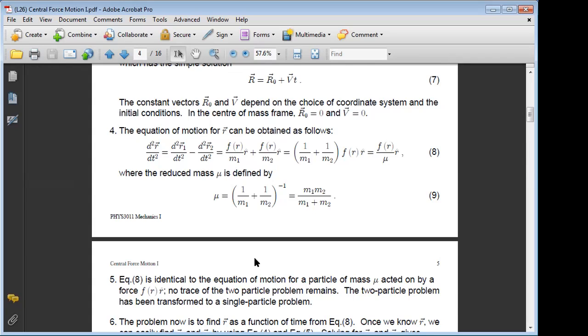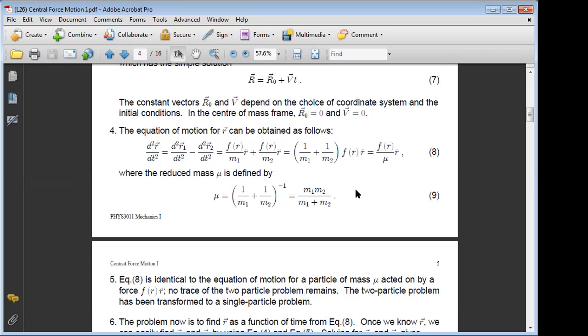The center of mass particle remains stationary all the time. If we take the center of mass reference frame as our frame of reference, we are left with a one body problem whose equation of motion is given in equation 8. It is the equation of motion for the reduced mass particle, which is acted on by a force f(r).